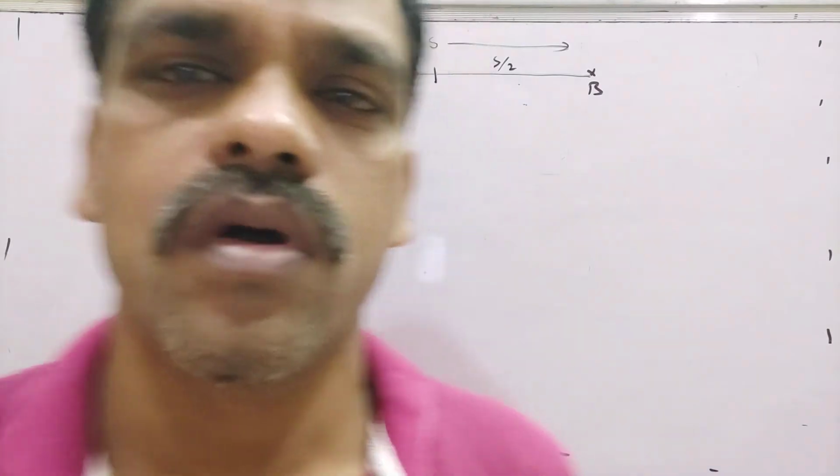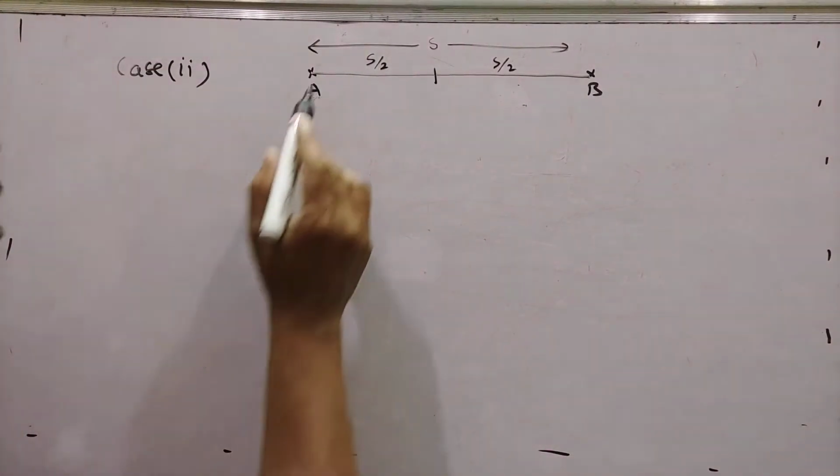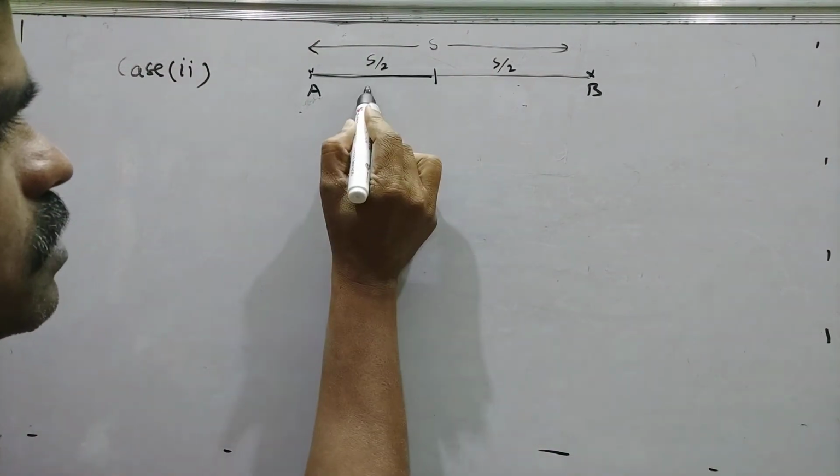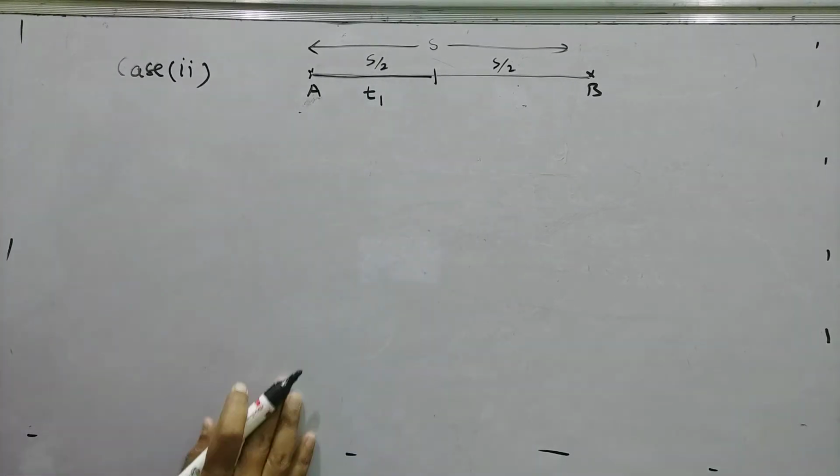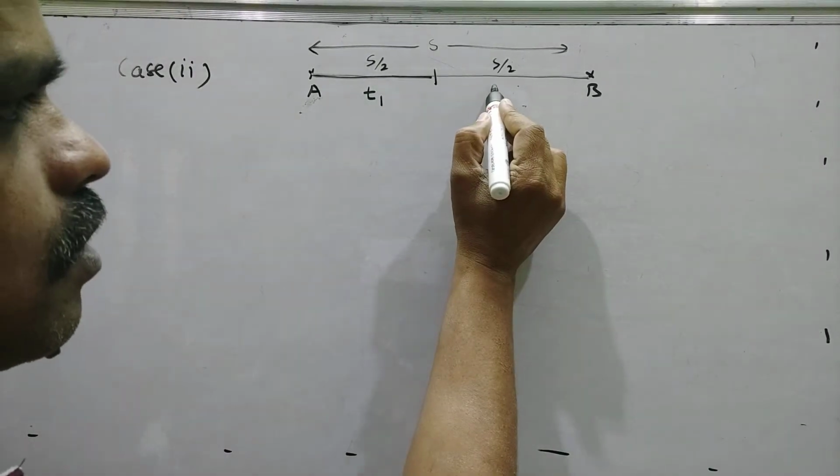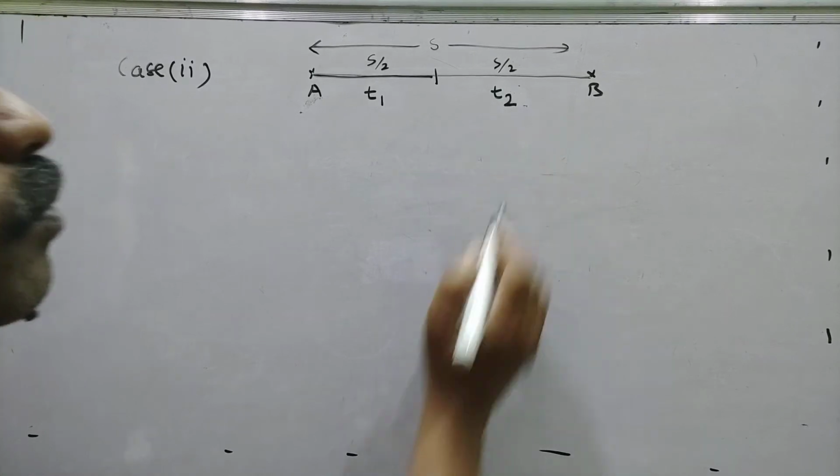The body covered the first half of the distance in time T1, and the remaining half of the distance in time T2.